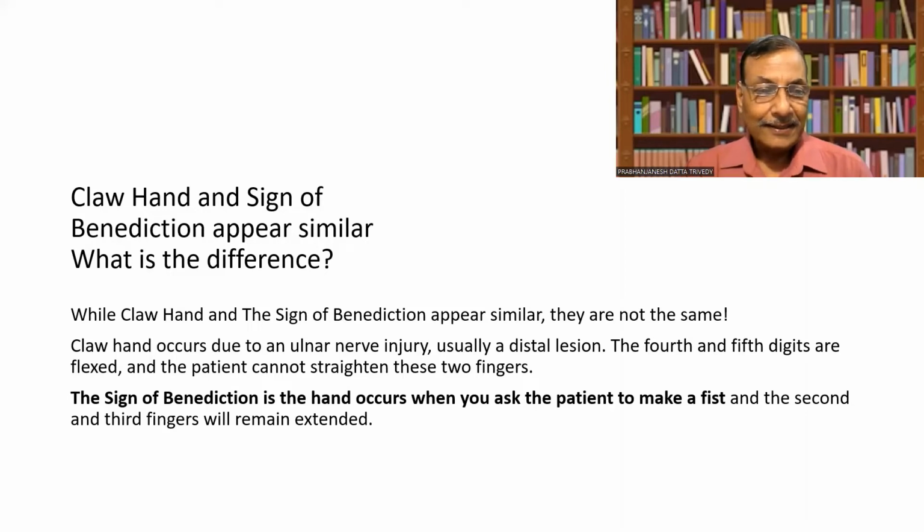Whereas in the sign of benediction, when you ask the patient to make a fist, the second and third fingers will remain extended. So it is by the action that you see the sign of benediction, and you see the sign of claw hand when the patient is keeping the hand without any active extension or flexion.